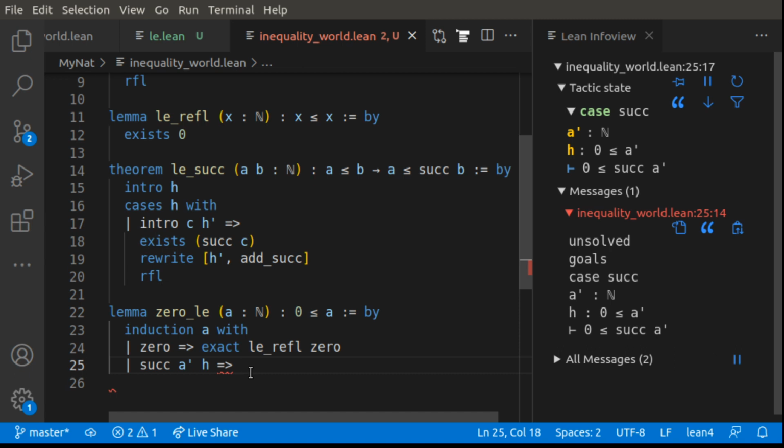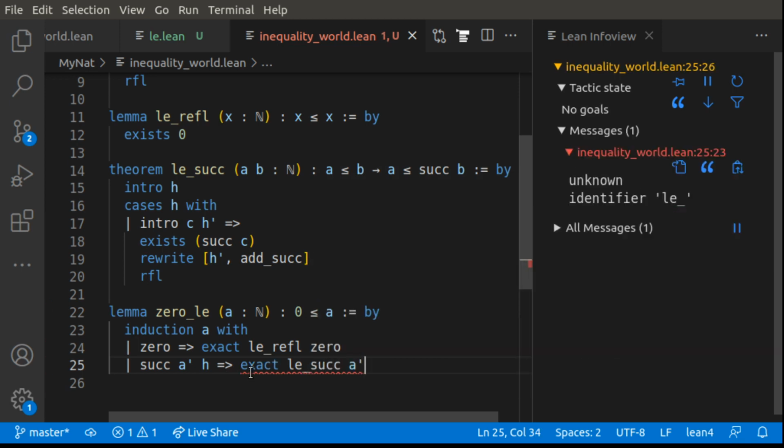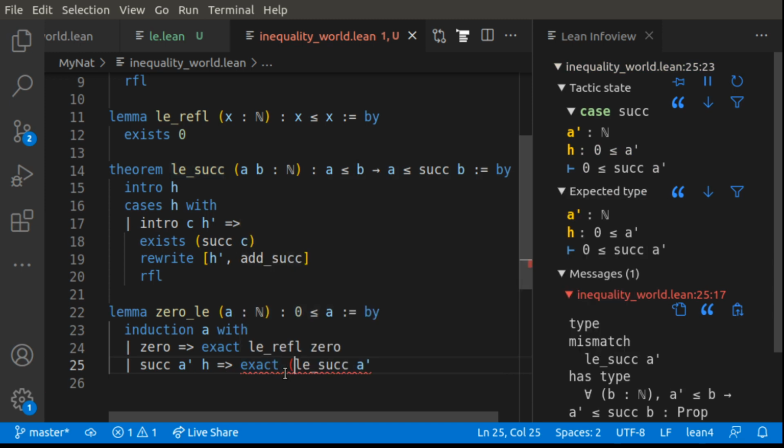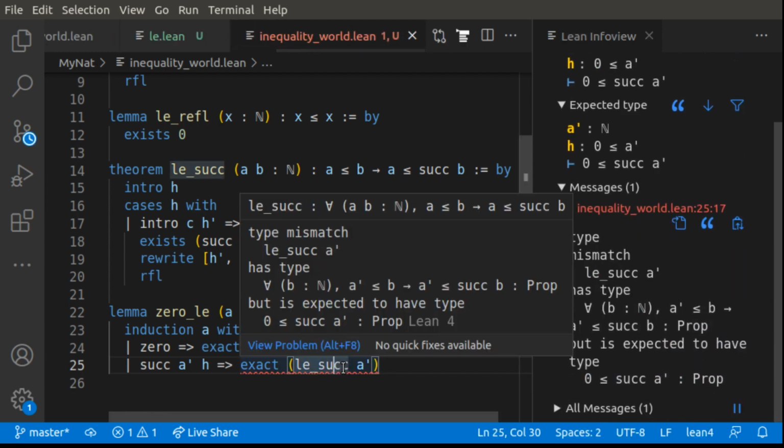Now we have our inductive hypothesis, and then now we can use less than or equal to successor. Exact less than or equal to successor A prime. Less than or equal to successor takes two things.